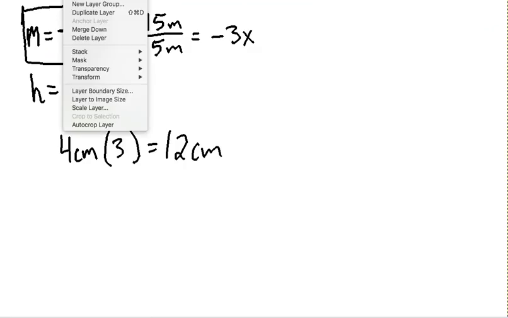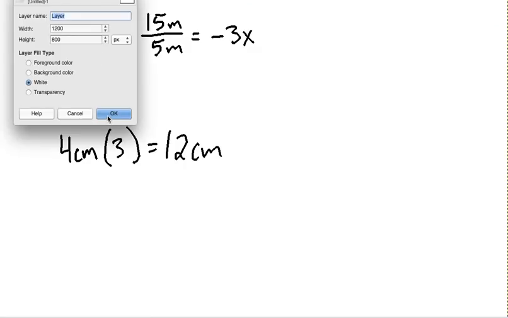So let's get a new layer going here. A couple of formulas we need to use. You need to use the formula for the index of refraction. This was introduced to you on Friday. It's the quotient of the speed of light and the speed at which light travels in the medium.